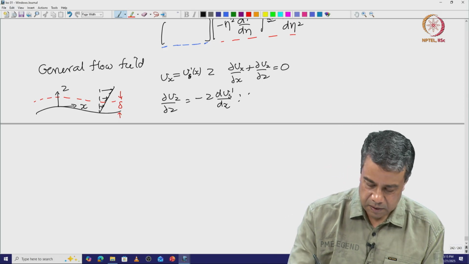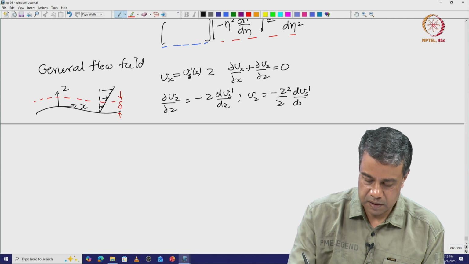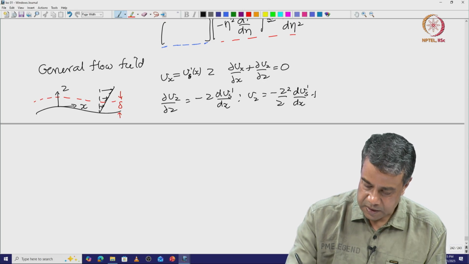Which means that Vz is equal to minus z square by 2 dVs prime by dx plus a constant.